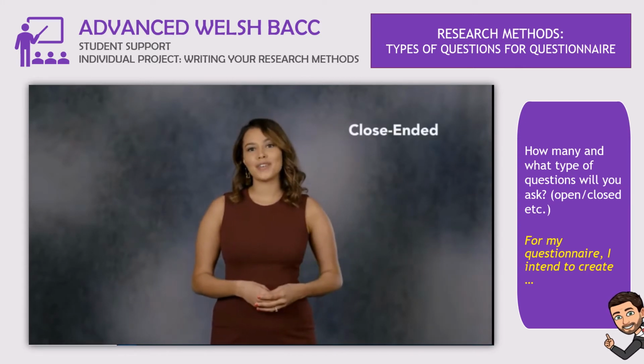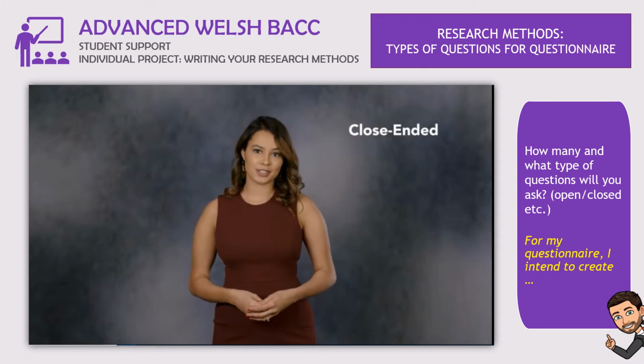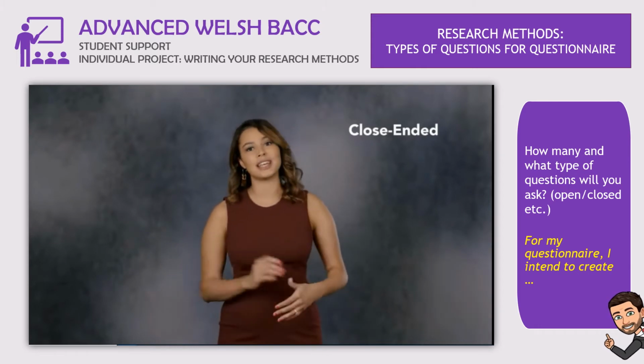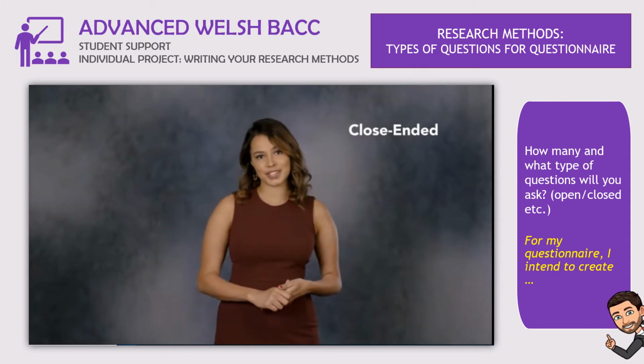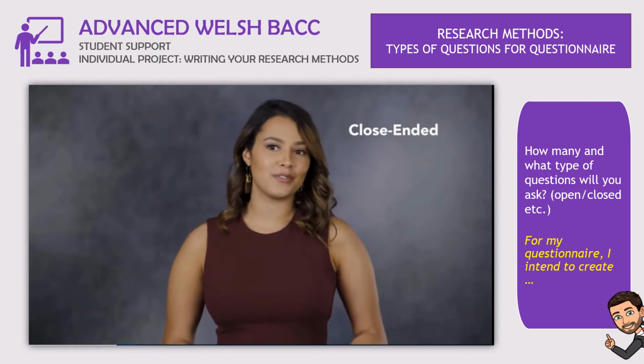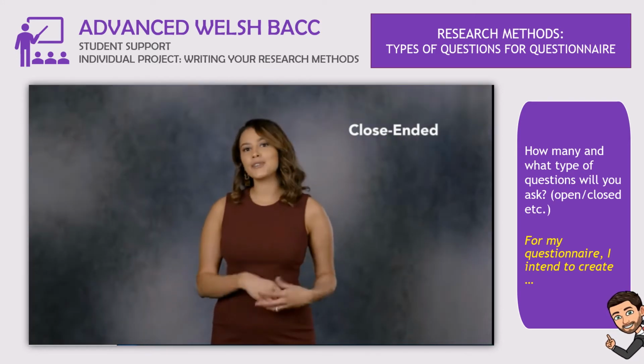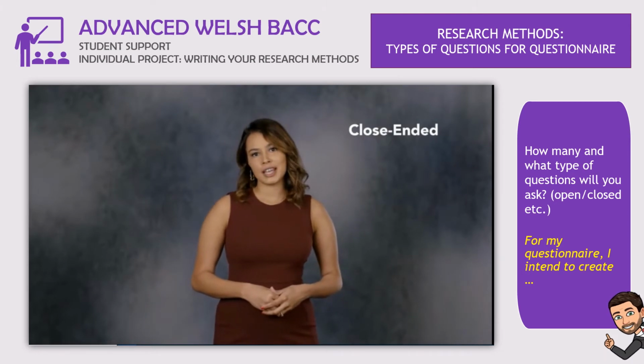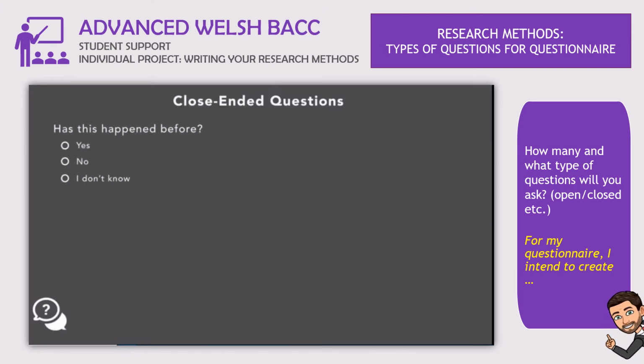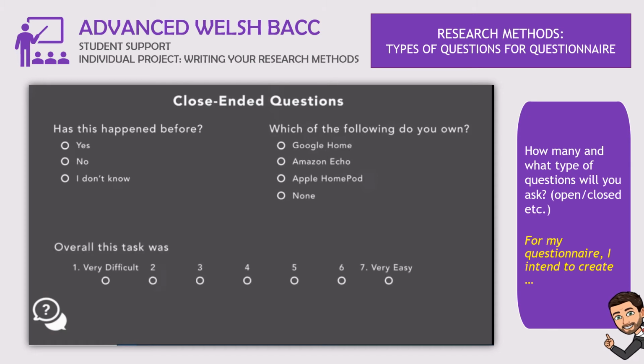Closed-ended questions have a limited set of possible answers, but they allow you to analyze the responses a bit easier. Closed-ended questions are great for quantitative usability studies or surveys. Some examples of closed-ended questions include: has this happened before? Which of the following do you own? Overall, this task was on a scale 1 very difficult to 7 very easy.